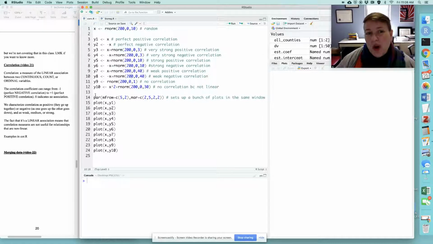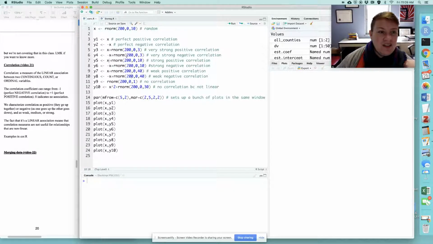y3 and y4 are very strong positive and negative correlations, so they're equal to x or negative x plus a small error term. y5 and y6 are strong but not very strong. y7 and y8 are weak. The thing that's causing the strength of the correlation to change is that I'm adding more variability in the error term.